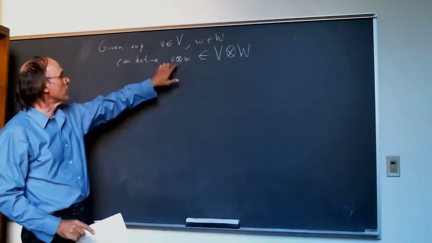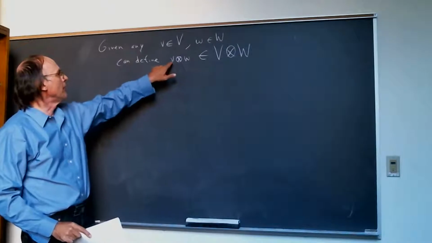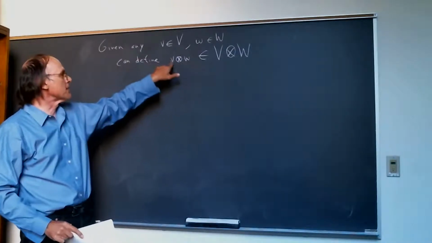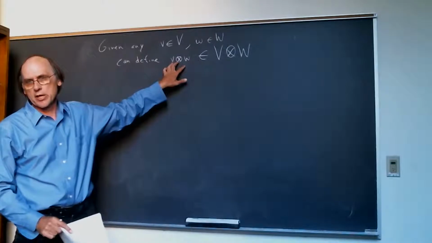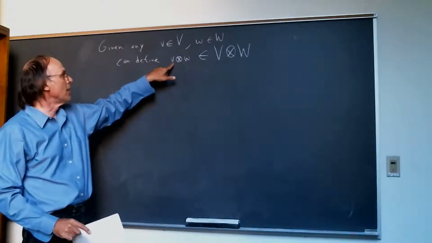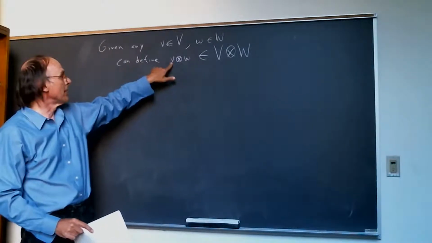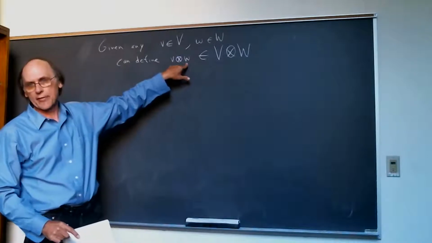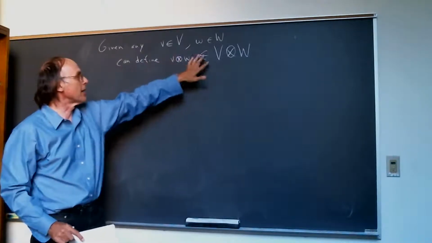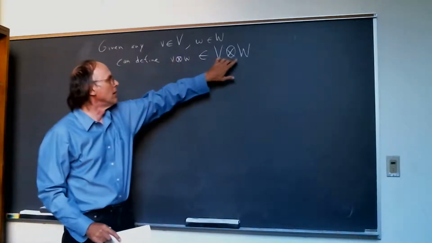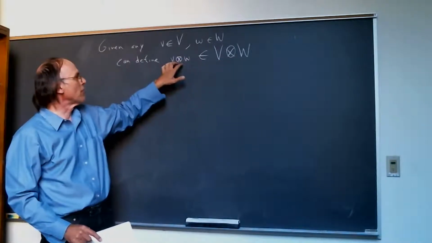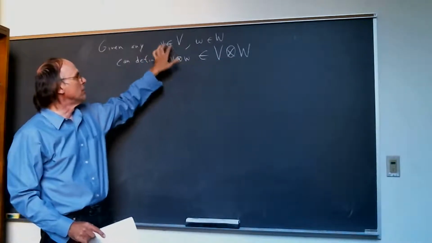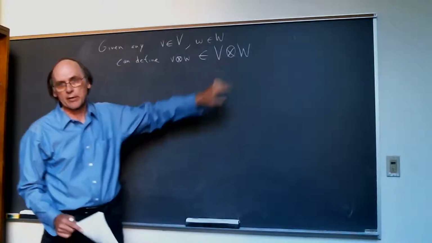So in other words, if you just write this thing out and expand it out, you'll get an expansion in the basis elements, the e_j's and the f_k's over here. If you just expand the thing out, that will be something in here.